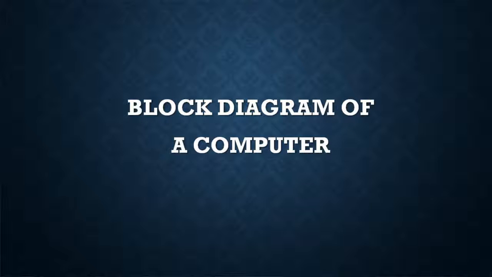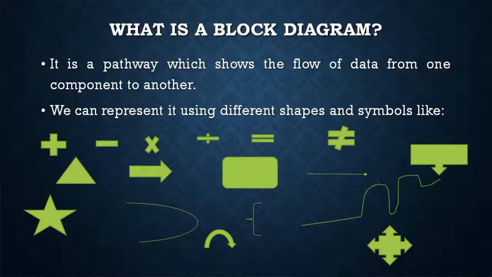What is a block diagram? As you can see in the picture, there is a diagram shown to you, and you can see there are certain symbols in it. Basically, a block diagram is a pathway which shows the flow of data from one component to another.